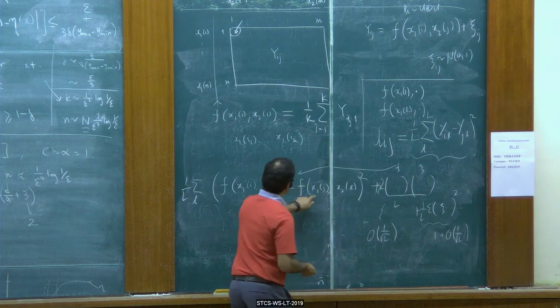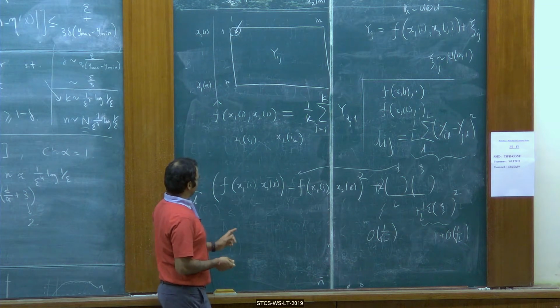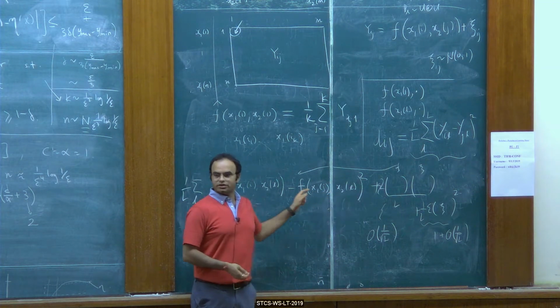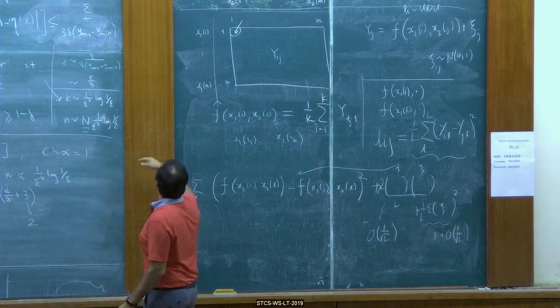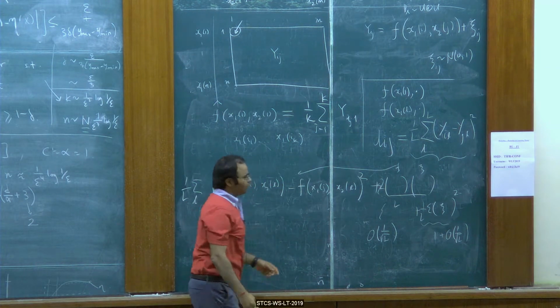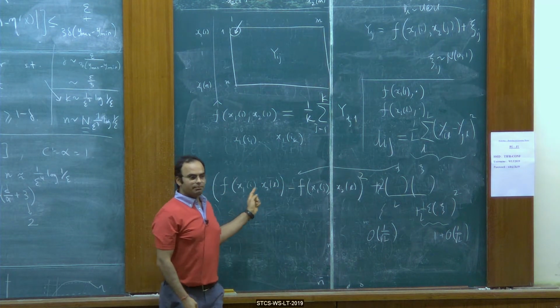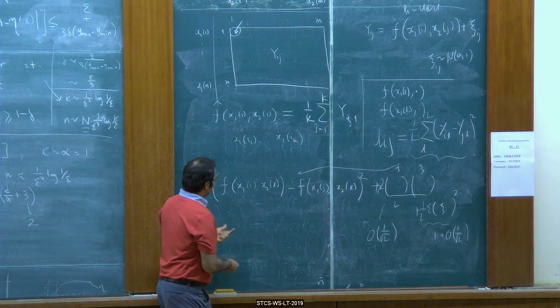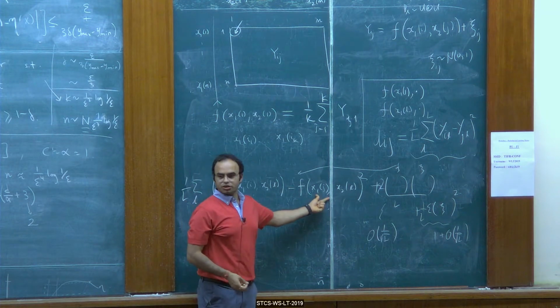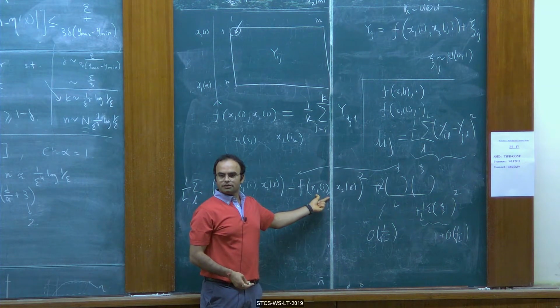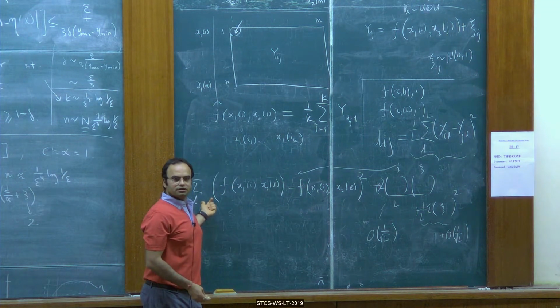And what about this? Where is the randomness here? The randomness is in this second feature. What if I sampled the feature uniformly at random? The mean of this is nothing but effectively the L2 distance between these two functions, and now I'm taking the average.